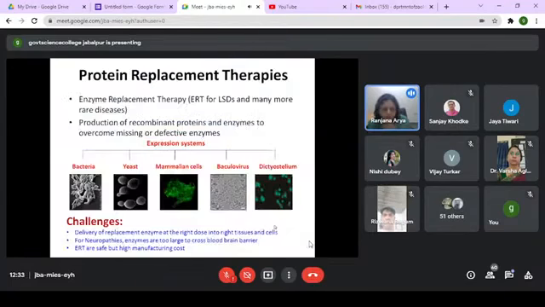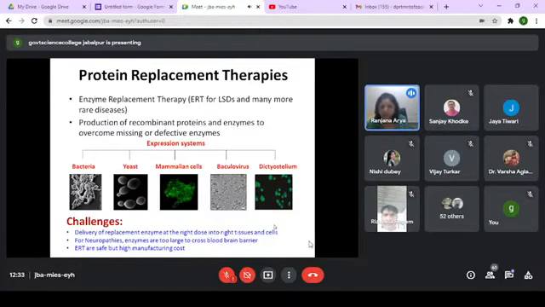So the protein replacement therapies are also available for a lot of rare diseases where you are looking for some of the enzymes being replaced. Like if your disease is caused by a particular enzyme that is coded by the mutated gene, then you always go for enzyme replacement therapy.